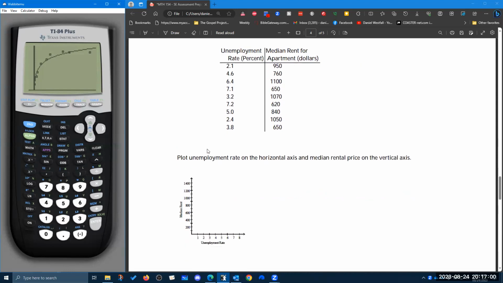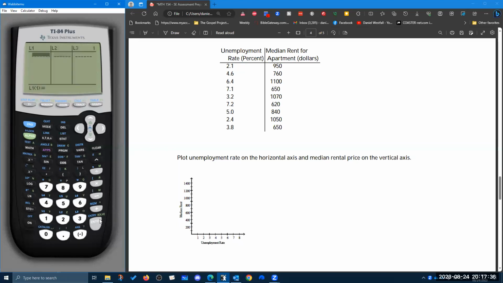And the unemployment rate is going to be my X, and the median rent for apartments is going to be my Y. And I suppose, I'm not certain, but I suppose that these don't have anything to do with one another, that we're going to find that there's not really any correlation here.